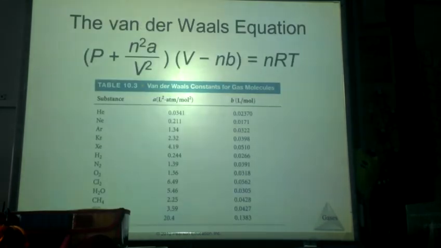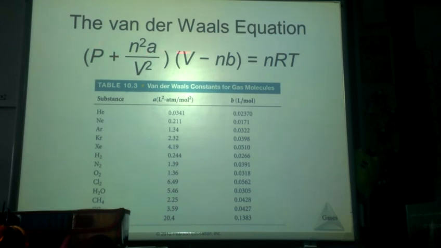We adjust it, and it's this equation right here. This looks very, very overwhelming, and that's okay. But again, all it is doing is correcting for the effects of attractive forces as well as molecular volumes. You're fine. So let's talk about what these things mean.